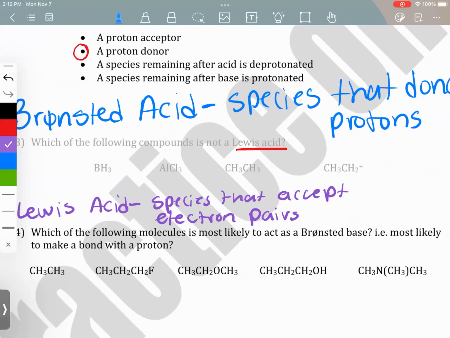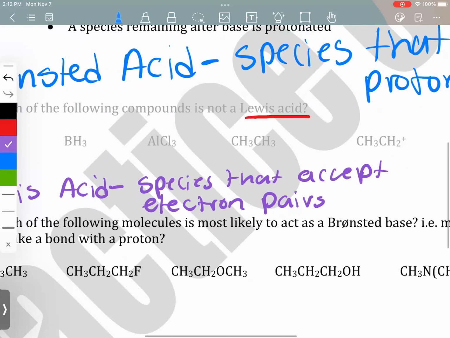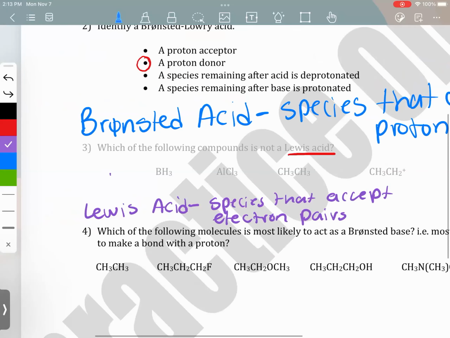We have 4 compounds here: BH3, AlCl3, CH3, and CH3CH2 plus.